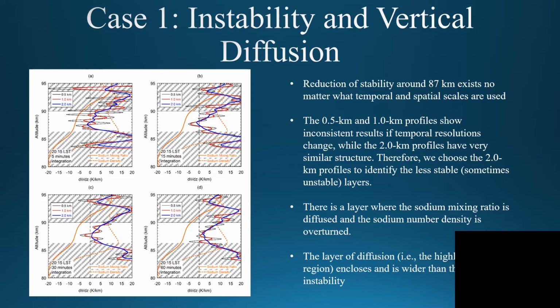In the profiles of potential temperature, we see that first, the reduction of stability around 87 km exists no matter what temporal or spatial scales are used.